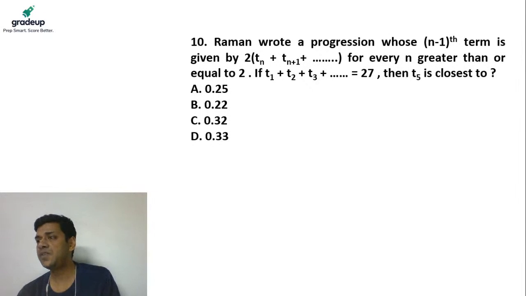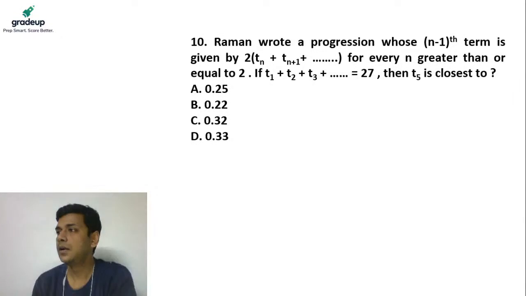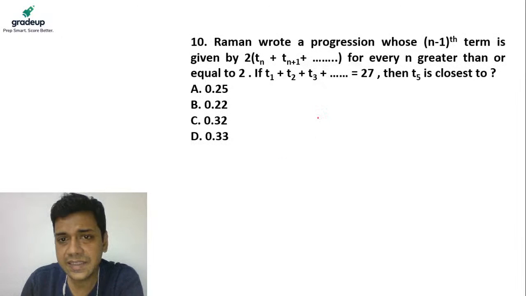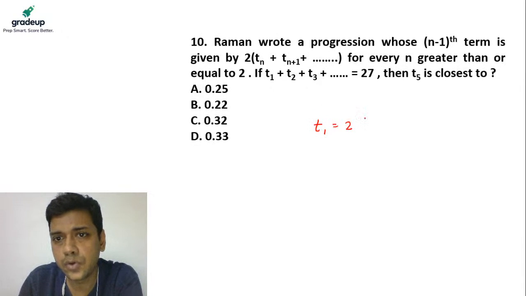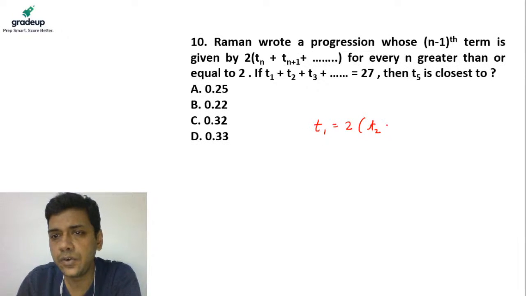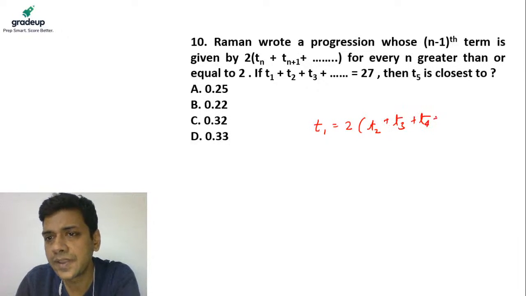We have to find the value of t5. Now, can I say t1 equal to 2 times (t2 plus t3 plus t4 plus t5 and so on and so forth)?